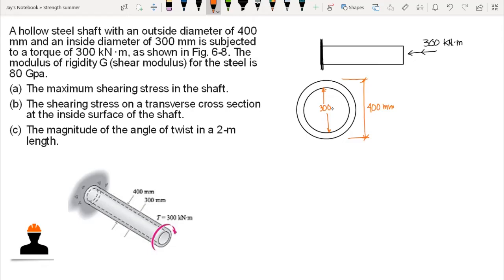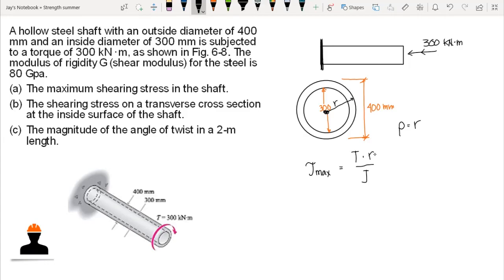So we compute for the maximum shearing stress in the shaft. From the formula, the maximum shearing stress is the internal torque times R over J. This supposedly is our rho, the distance from the center to any point, but in the case of maximum shear, our rho is equal to R. That is the location of our maximum shear, on the outside surface of our circular bar.